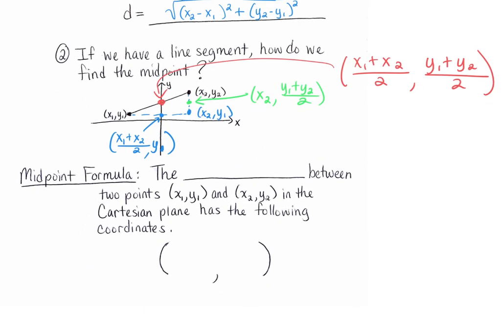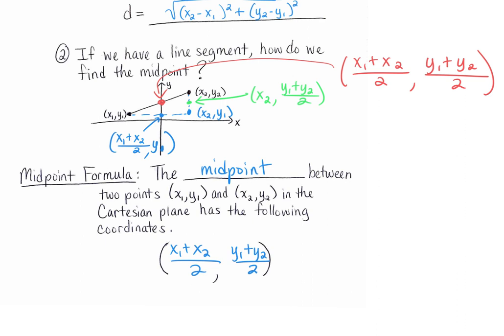Let's define it. The midpoint between 2 points x1, y1 and x2, y2 in the Cartesian plane has the following coordinates: x1 plus x2 over 2, comma, y1 plus y2 over 2.